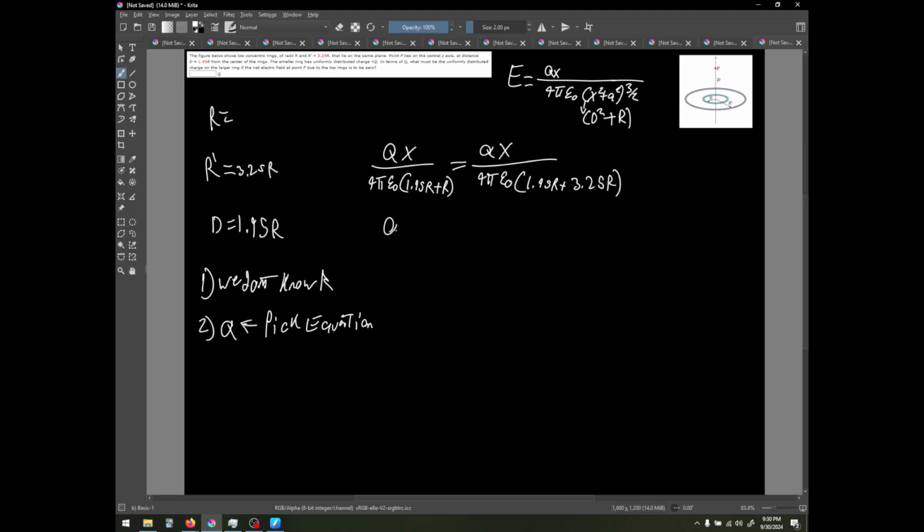So now we've got Qx equals Qx all over 4 pi epsilon 0 r times 1.95 plus 1. It's going to be 4 pi epsilon 0 r times 1.95 plus 3.25.